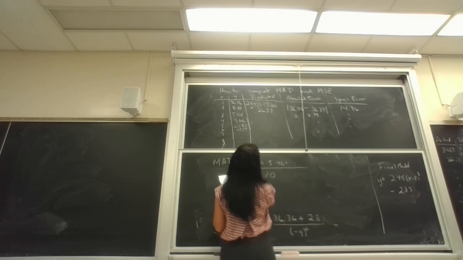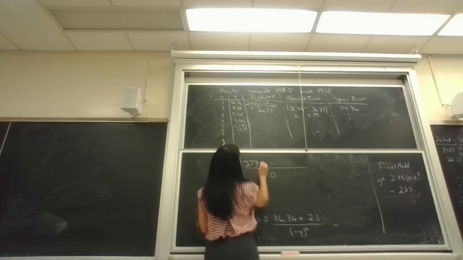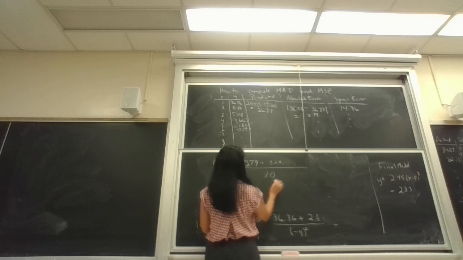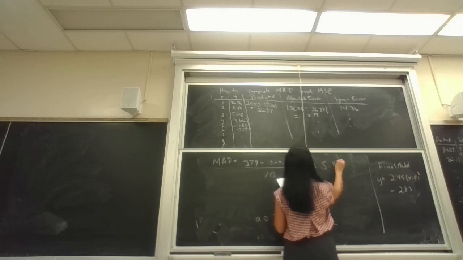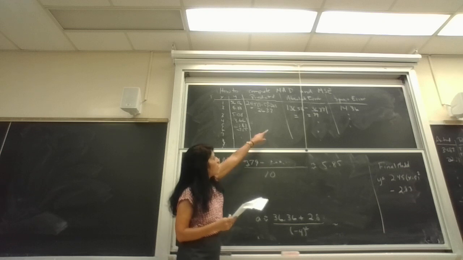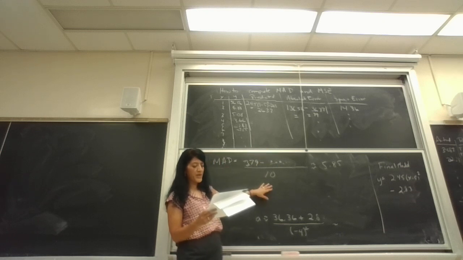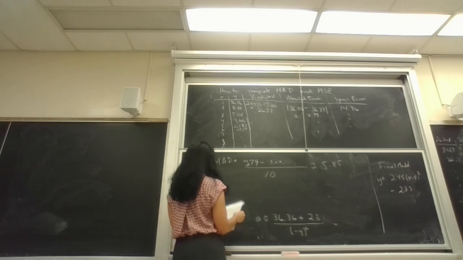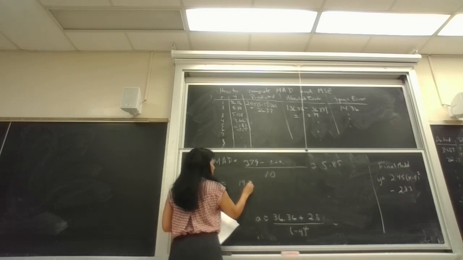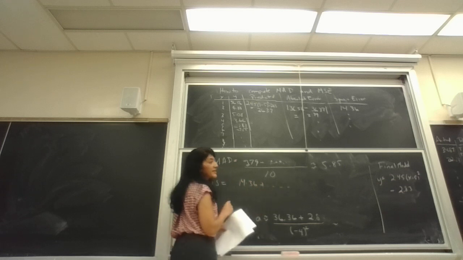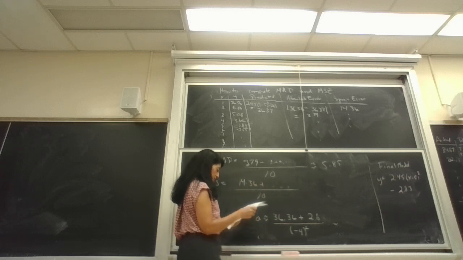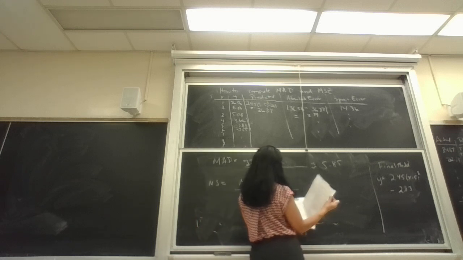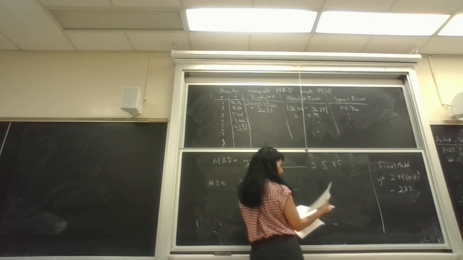Oh wait, sorry. Yeah, this is right. Whatever all the rest of them are. And when you line them all up, you should get around 5.85. So take that whole column, divide it by 10 because you have 10 data points, and then crank out the average. For MSE, you do the same thing, except you take that column, 14.36, plus all the numbers that you get in that column, and then divide that by 10. And you should get around 27.75. Wait, that's not right. You should get around 53.32.